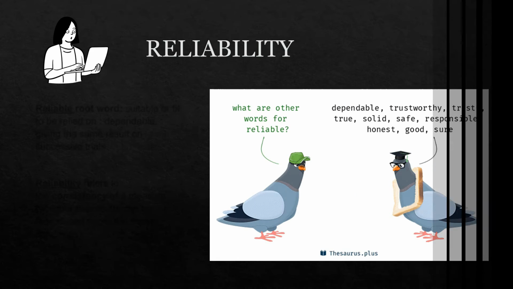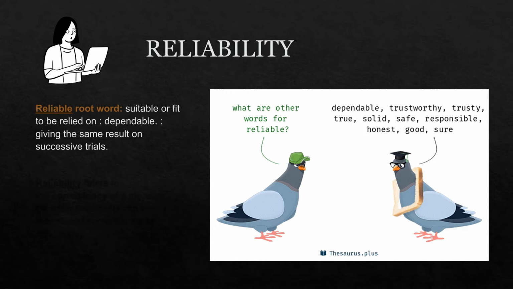Now we're talking about reliability. From the root word reliable, it is suitable or fit, to be relied on, dependable, giving the same result on successive trials. So other words are dependable, trustworthy, trusty, true, solid, safe, responsible, honest, good, and sure.